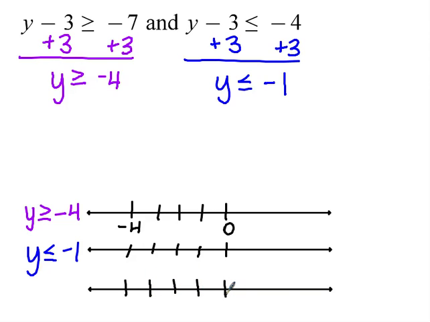Okay. So let's start with y is greater than or equal to negative 4. What type of dot on negative 4? Closed, and shade which way? To the right. Okay. What about y is less than or equal to negative 1?